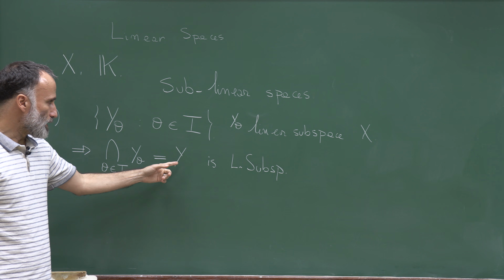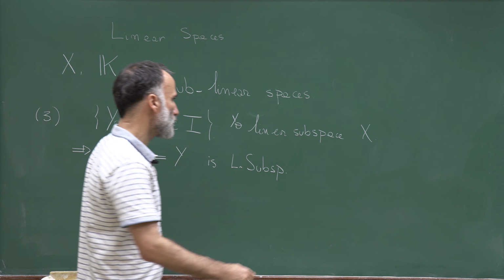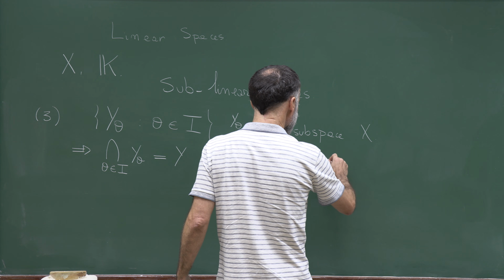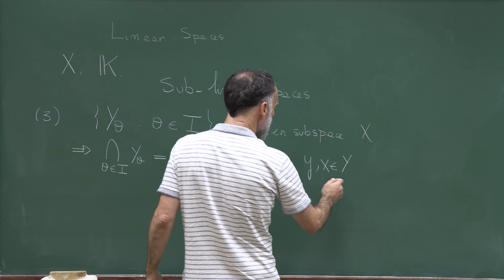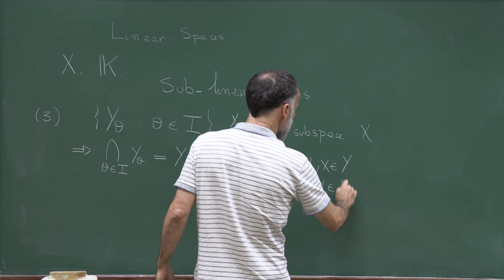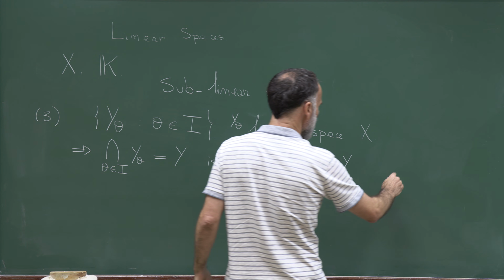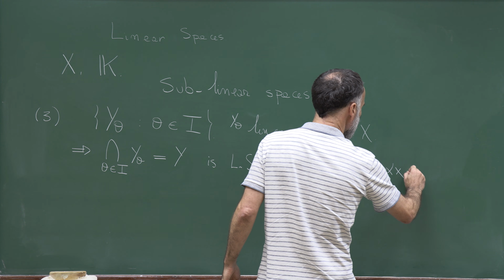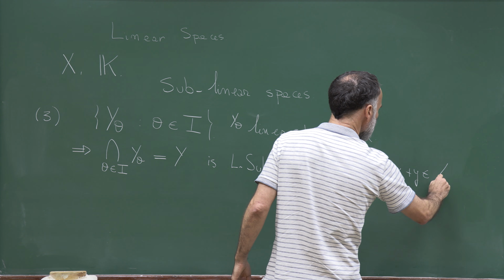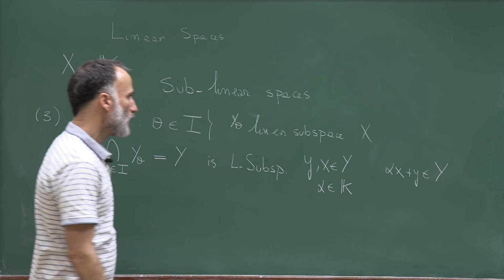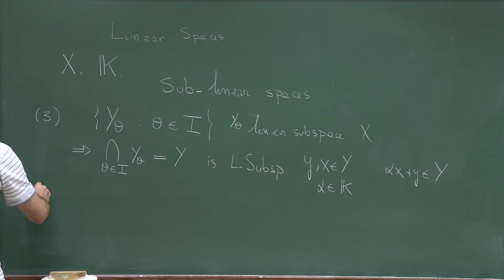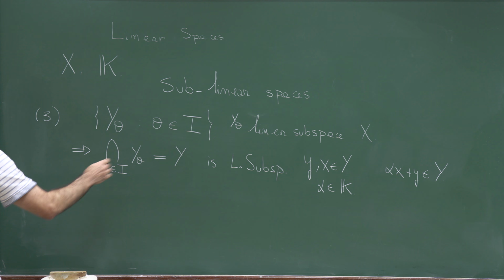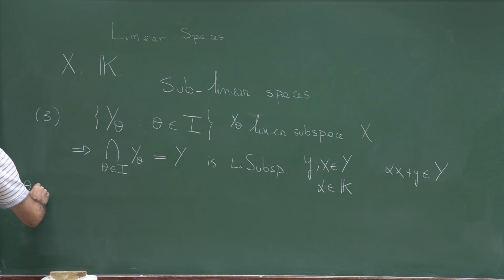And to prove that the intersection is a sublinear space, what we need to show is that if we take x in Y and y in Y and alpha an element of our field K, we have to show that alpha x plus y is an element of Y. Well, this is very easy because, take x and y fixed, consider theta.